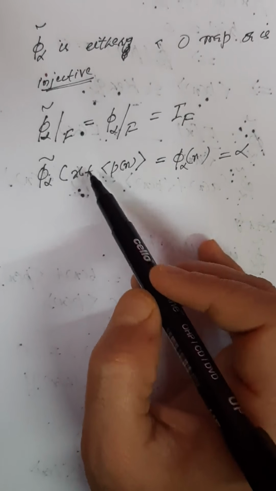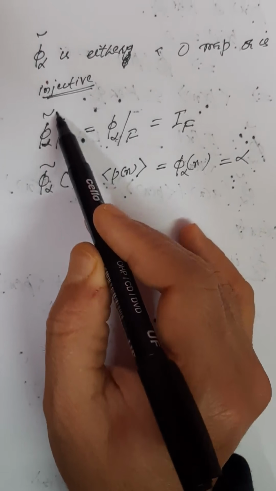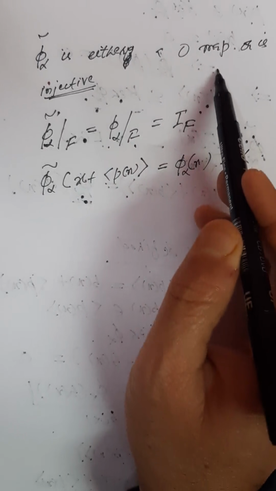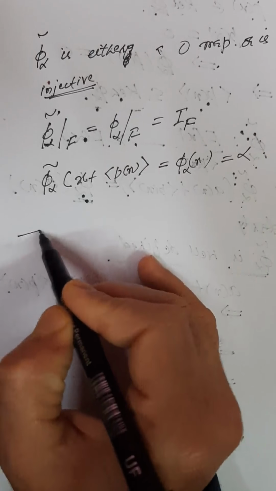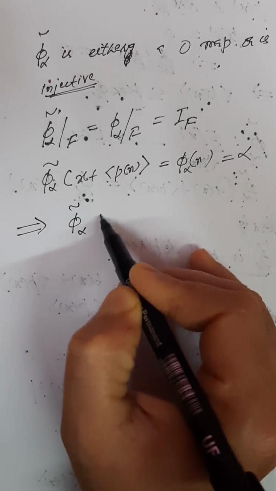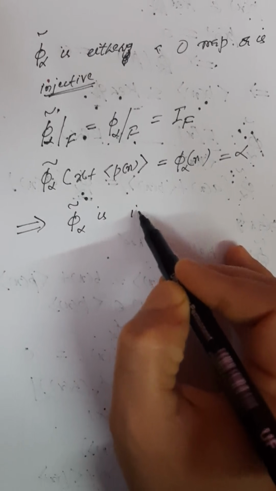So this homomorphism between two fields is not identically zero. This means phi alpha tilde is injective.